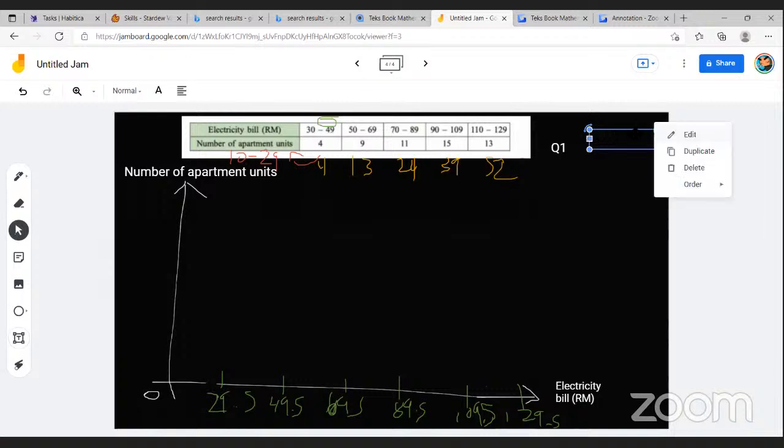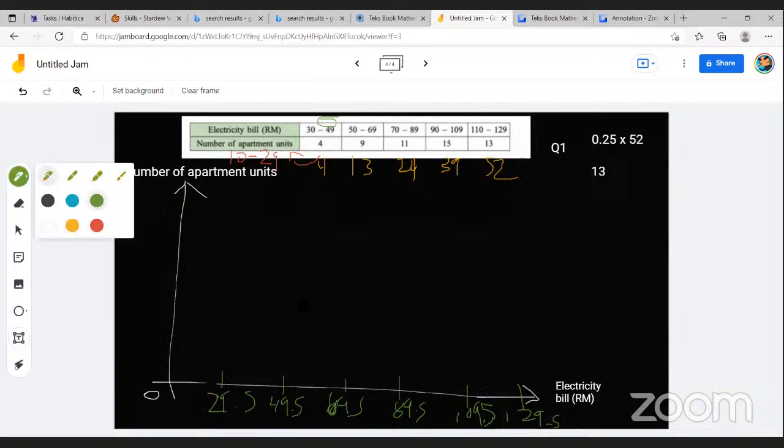But for modern maths, which is this one, your first quartile will be 0.25 times the total, which is 52, so you'll get 13. At point 13, you draw some dotted lines, and it will match with the ogive.